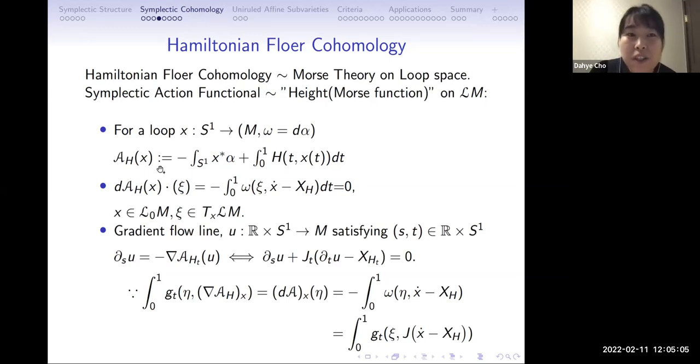The Hamiltonian symplectic action functional is integrating our primitive one-form and integrating our Hamiltonian, and the critical points of this action functional are exactly Hamiltonian orbits, and the gradient flow lines are defined by this PDE called the Floer equation.